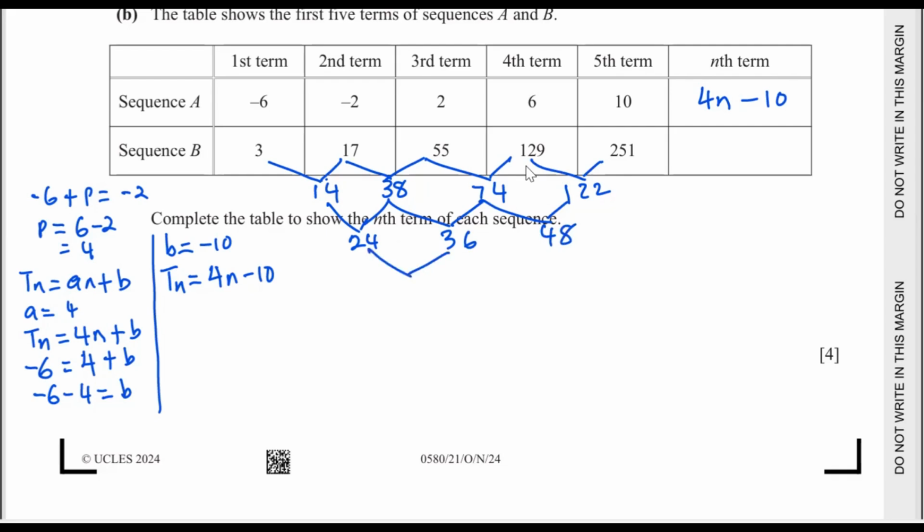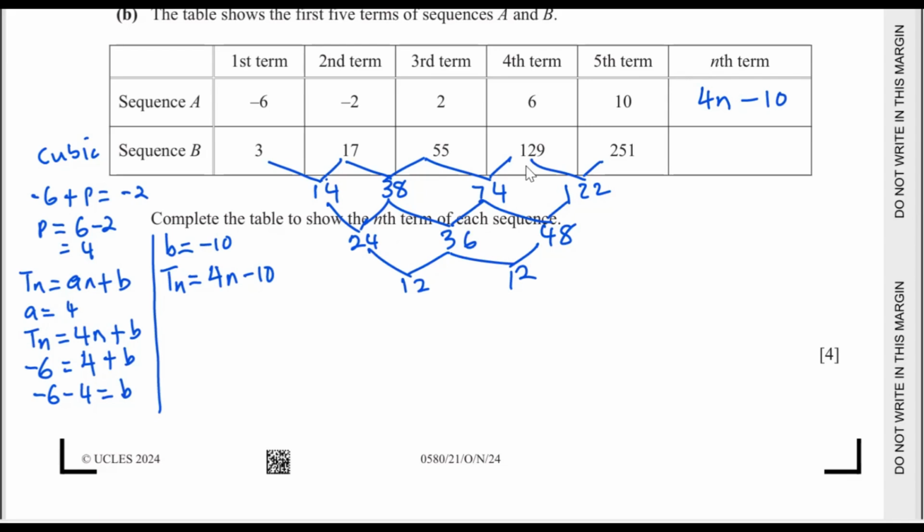We go to the third difference, and this is going to give us 12, and this is going to give us 12. And so this sequence here is cubic. That's sequence B.